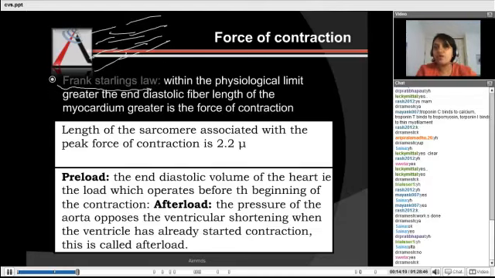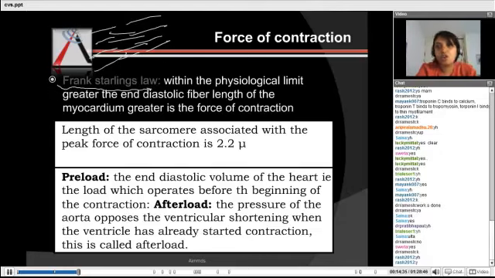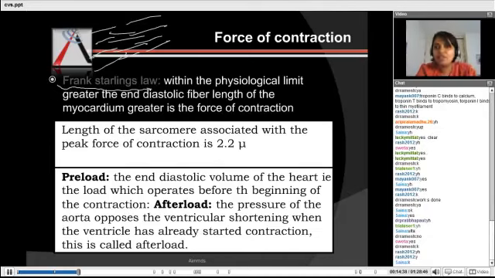So if before contraction we are able to pull them apart, during contraction they will have more space to be pulled towards each other. So the force of contraction will be more. So that's Frank-Starling law. When it's clinically applied, when the end diastolic volume is more, when the heart is stretched before contraction, the force of contraction is more.